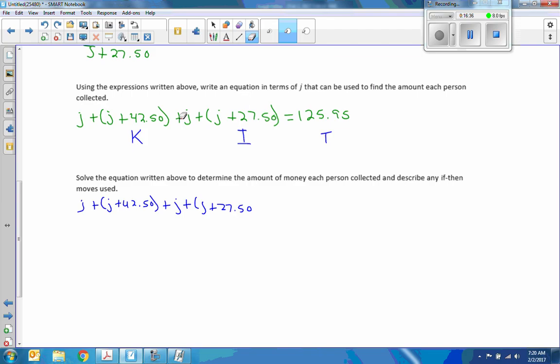This should not be there. Okay, so it should just be Julia plus Keller plus Israel equals the total.